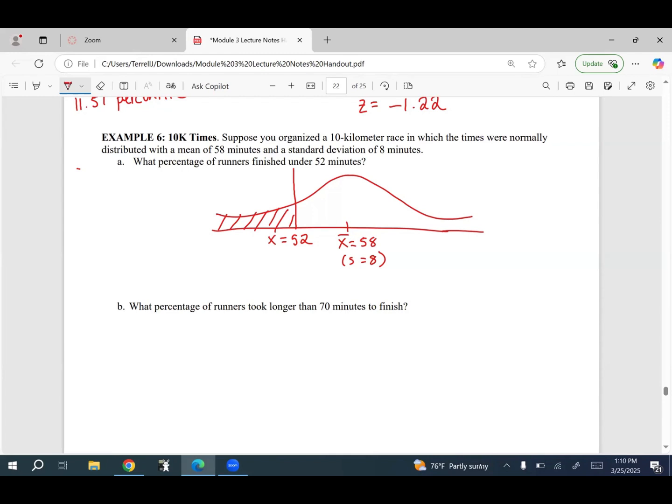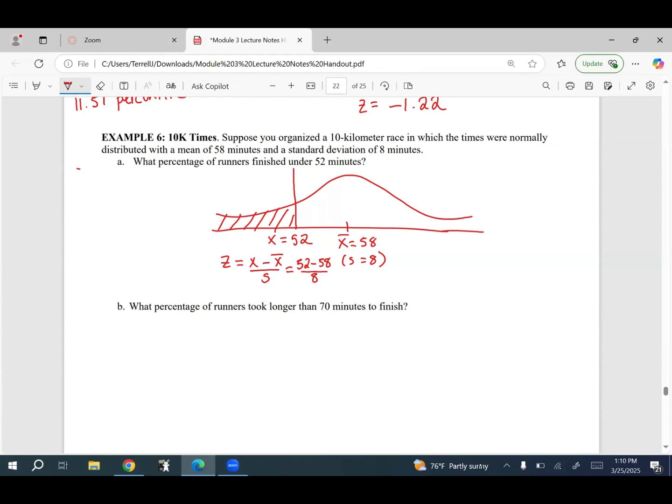So I'm going to have to turn this data value into a z-score. Let's practice doing that. Remember, the formula is the data value minus the mean, divided by the standard deviation. So for us, that would be 52 minus 58 divided by 8.